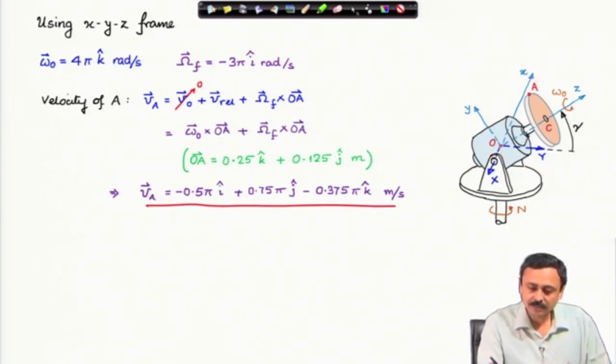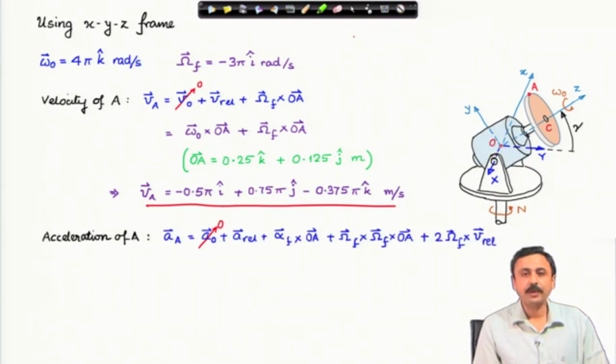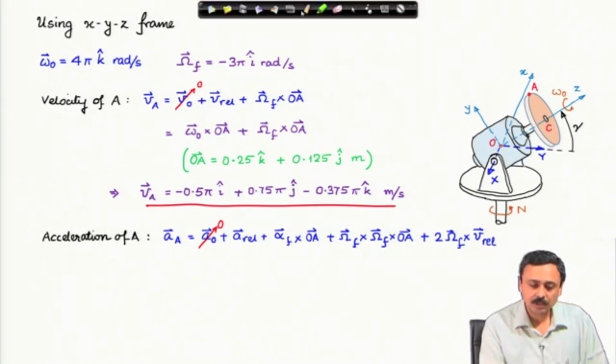Now, acceleration of A. This is our master equation. We discussed this in kinematics. Acceleration of A is acceleration of point O plus A rel because of the spin of the disk, plus alpha frame cross OA, plus omega frame cross omega frame cross OA, plus 2 omega f cross V rel, and V rel we know is omega naught cross OA.